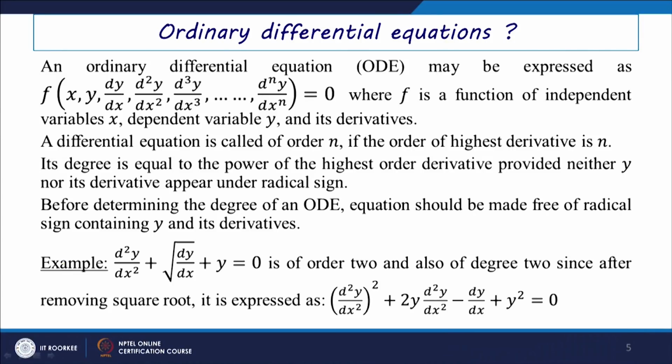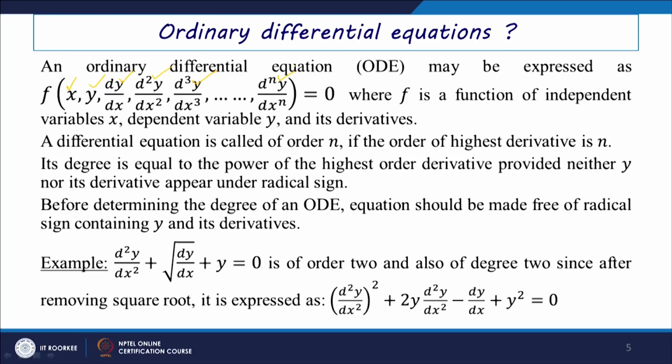Suppose x is there, y is there, dy by dx, d square y by dx square, d cube y by dx cube, up to d to the power n y by dx to the power n are there. Here, x is the independent variable and y is the dependent variable, and the function f depends on the independent variable x, the dependent variable y, and its derivatives.